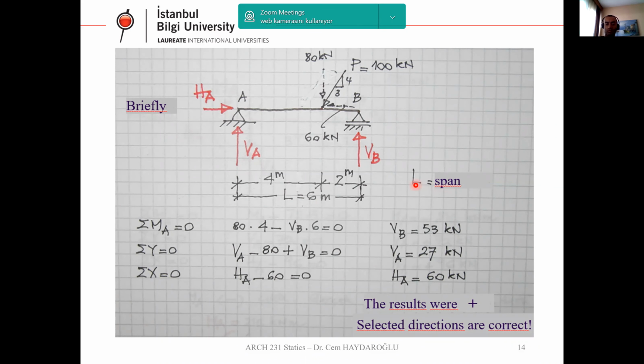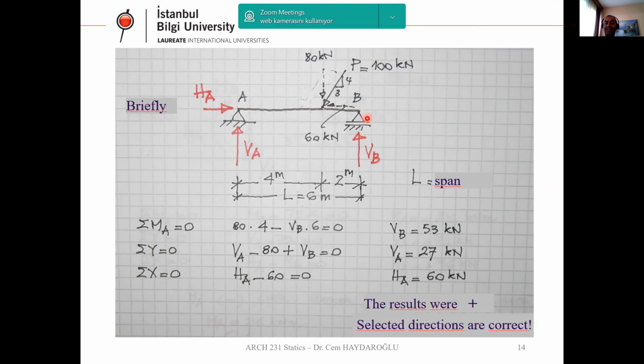So what do we have? We have three equations, but at the beginning, let's have a look at this concentrated load. Actually, we like to study with perpendicular forces. We don't like these types of inclined forces. It's not easy to solve. If we have distributed load, we convert it to a vertical concentrated load.